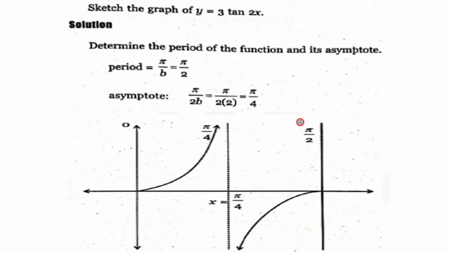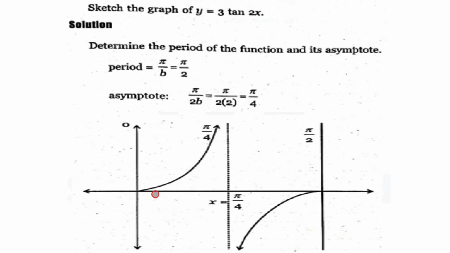Then, when we graph it, the period is equal to pi over 2, from 0 to pi over 2. Our graph is divided at pi over 4, so the boundary or asymptote is x equal to pi over 4. Then, its graph is one going up and one going down.